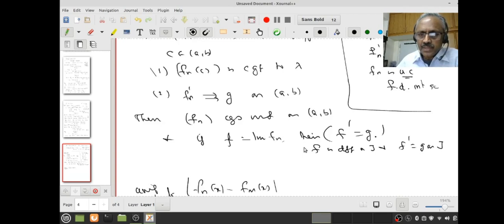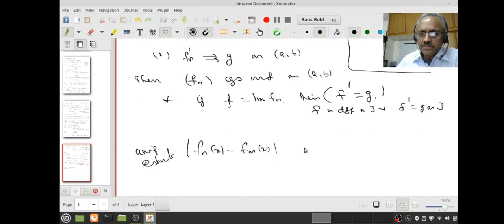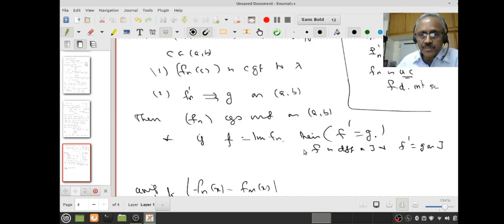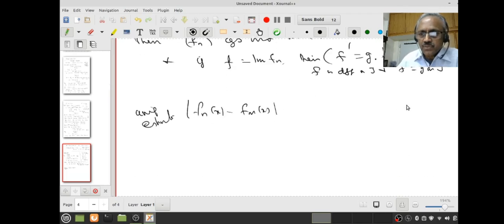How do I know that? See, the first thing is, the moment you see fn(x) minus fm(x), I can't do anything. But remember, you told me fn's are differentiable and fn(c) is also convergent, right? So I have [a, b], I have some x, and I have c.